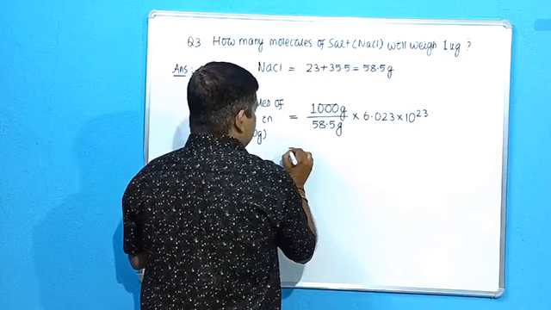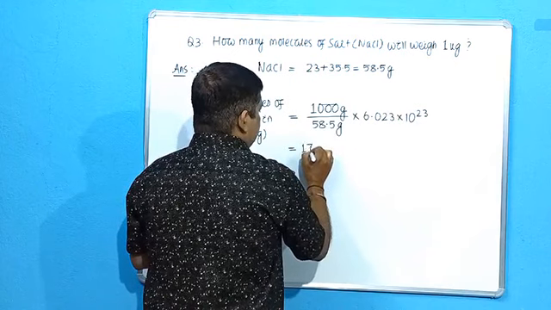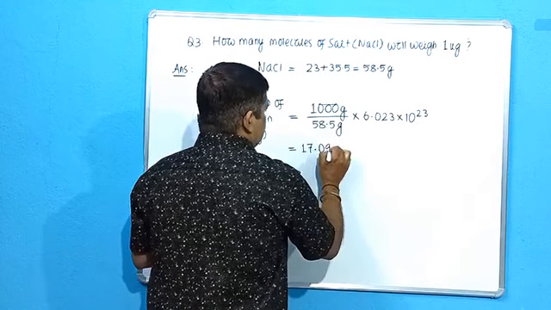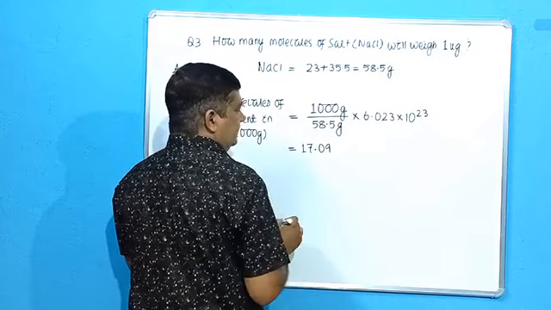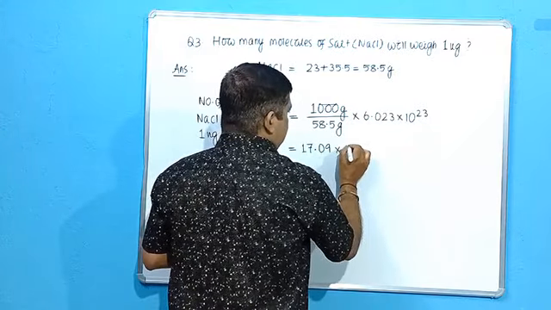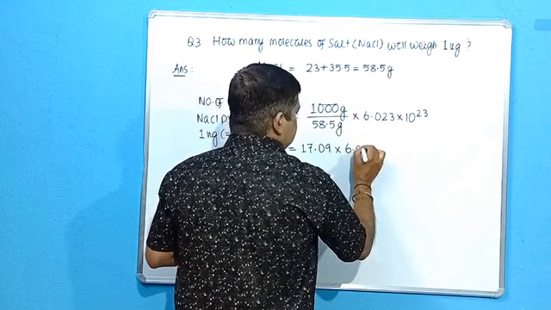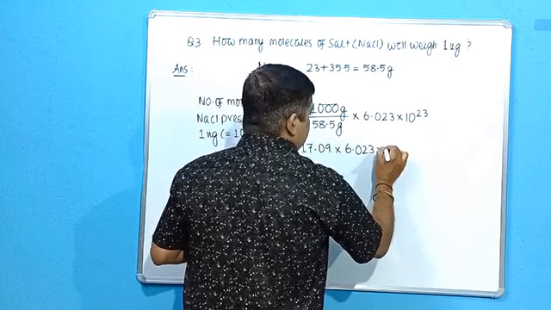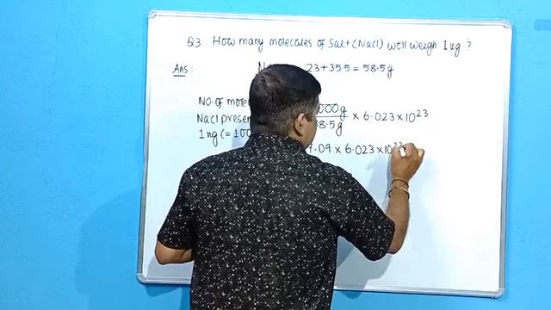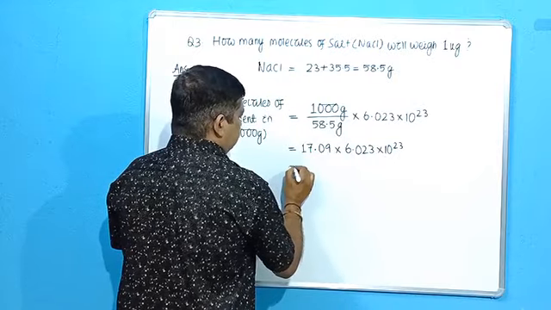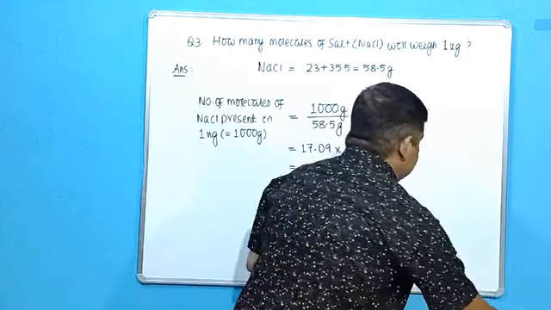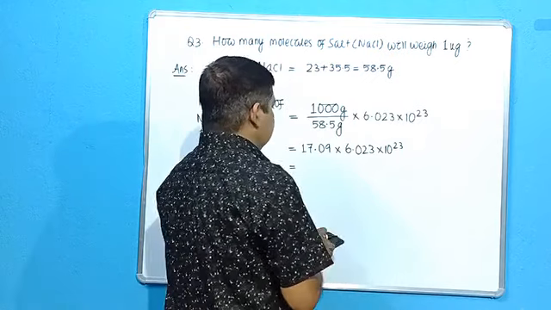So this one will be 17.09. This one will be 17.09 into Avogadro number, 6.023 into 10 to the power 23. So we should multiply these two. Let us see what happens.